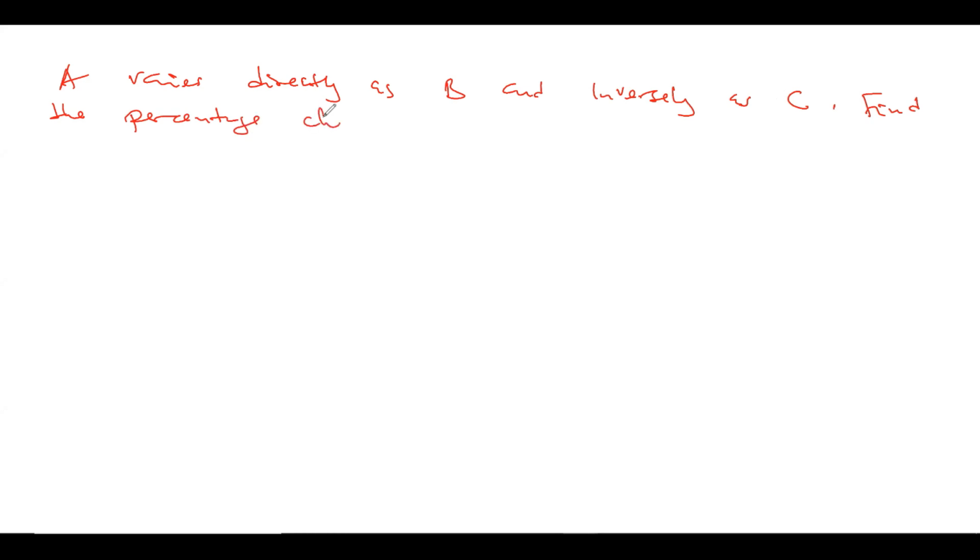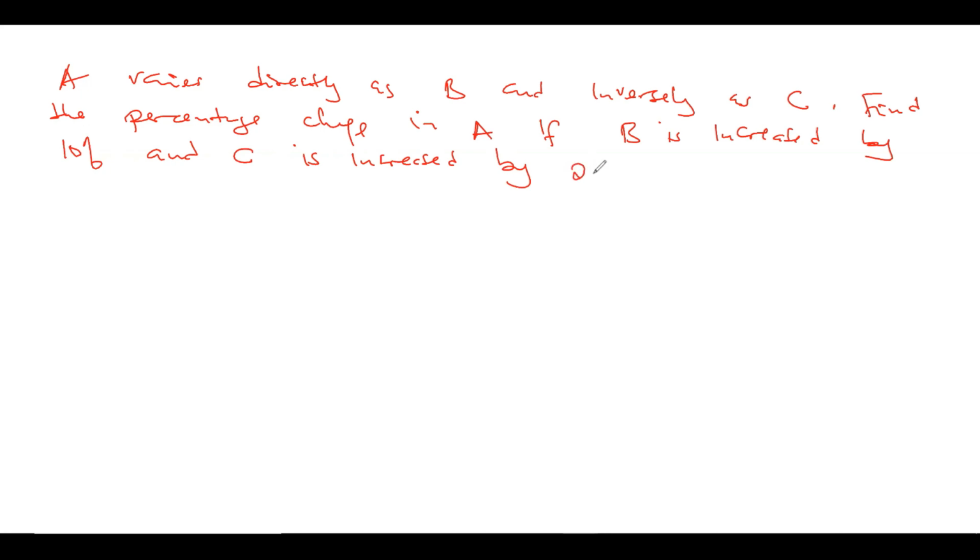So write: A varies directly as B and inversely as C. Find the percentage change in A if B is increased by 10% and C is increased by 20%.